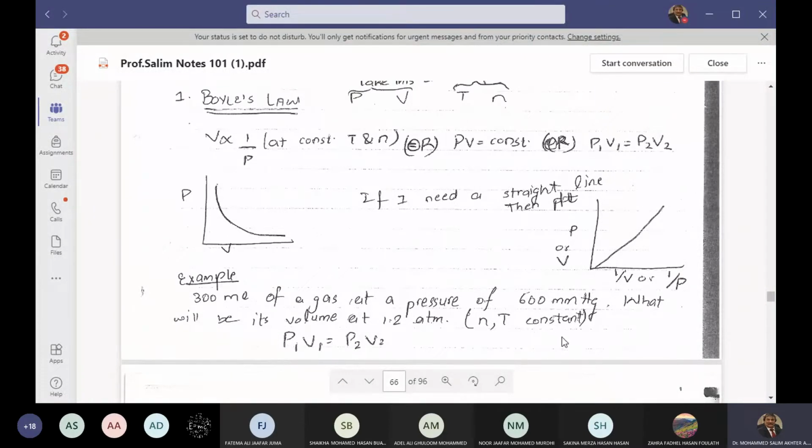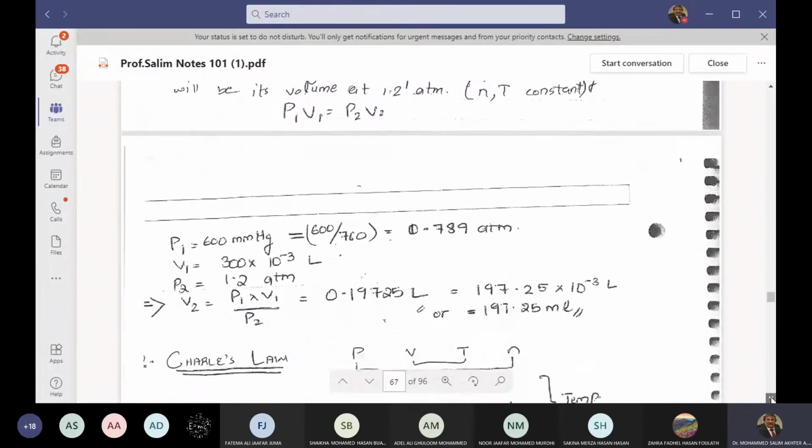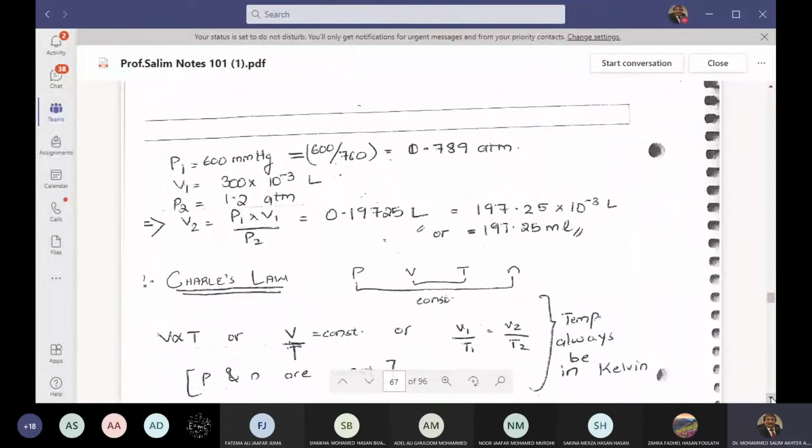Then I gave the formula P1 V1 equal to P2 V2. 1 stands for initial condition, 2 stands for final condition. When you use P1 V1 is equal to P2 V2, the only thing you want to be sure of is that on both sides the units are the same.